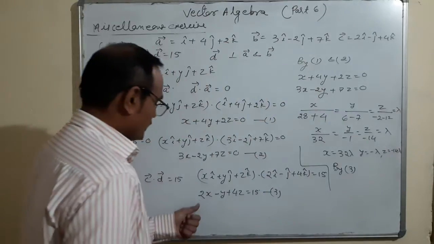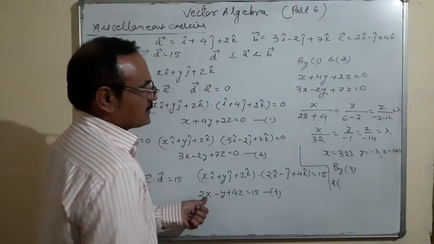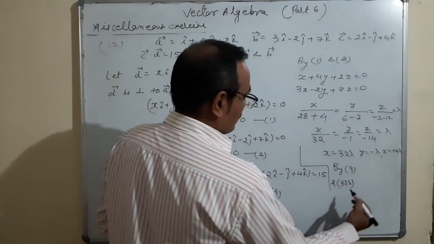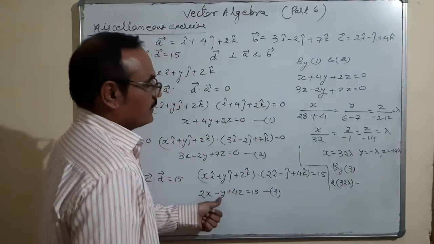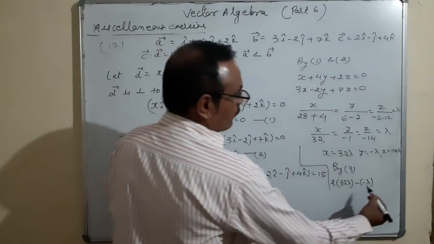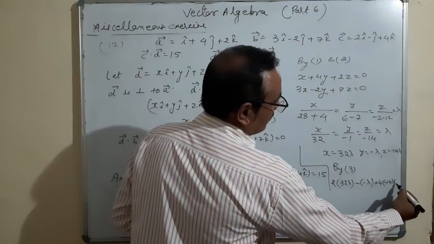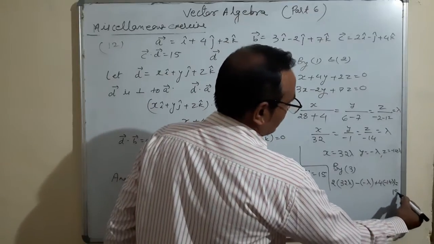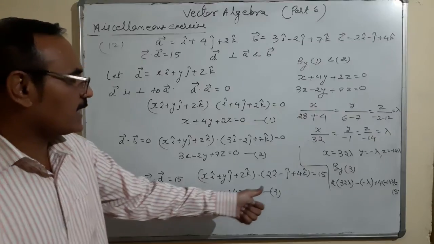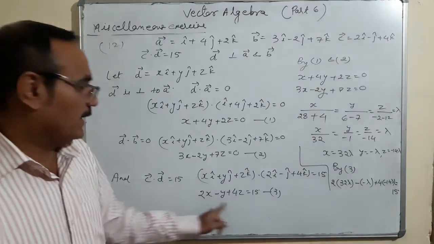So in the third equation, there's a 2 in place of x, 32 lambda, minus y, minus lambda, plus 4, and z is minus 14 lambda, is equal to 15. Is that okay? Nothing I have done here, only in place of x, y, z I replaced the values 32 lambda, minus 1 lambda and minus 14 lambda.